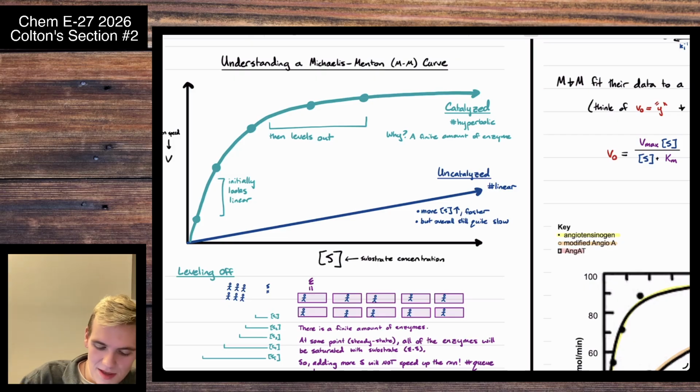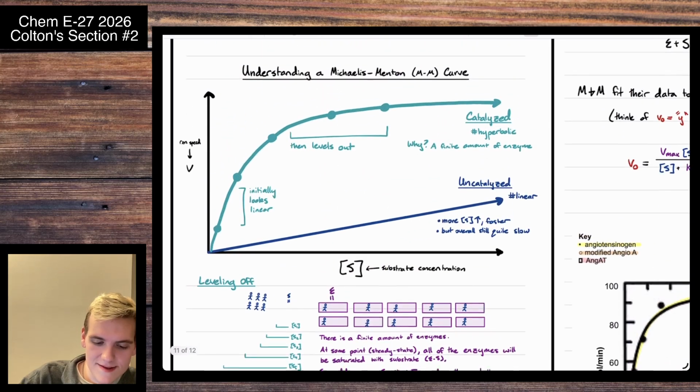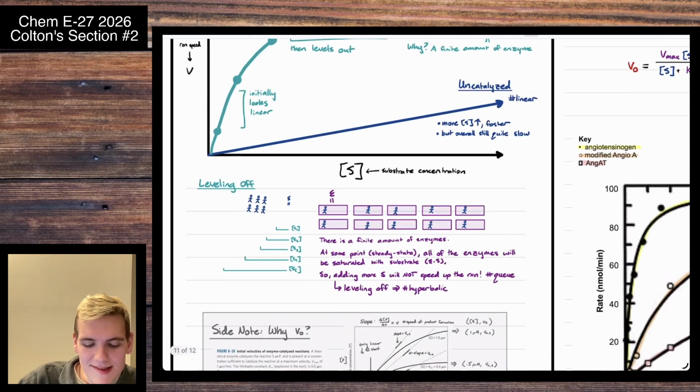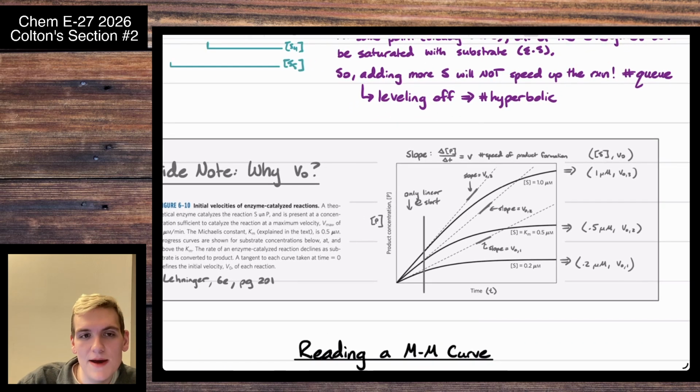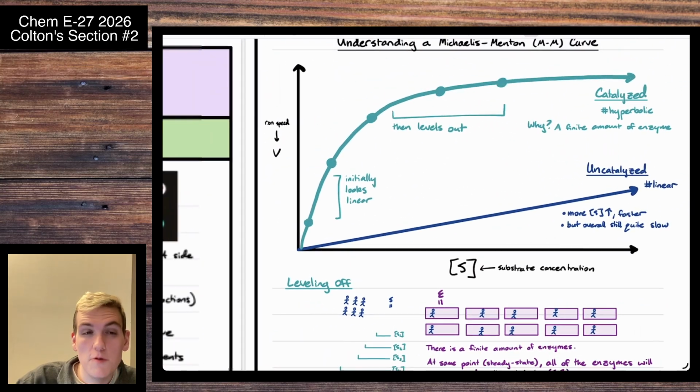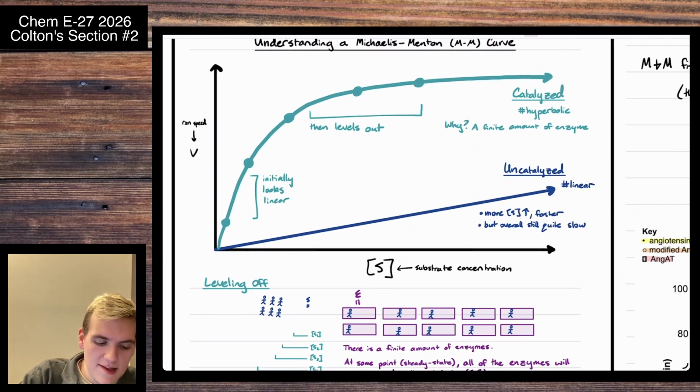So, yes. I have a side note here that honestly I'm probably not going to go into much detail about. But one thing that might have thrown y'all off when you saw it here is when we did this in section or in lecture, we call this V naught, which means the initial velocity.